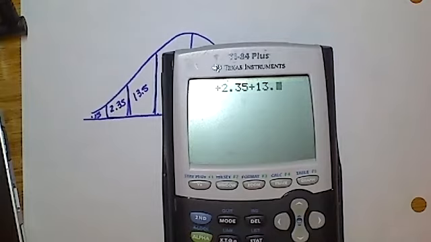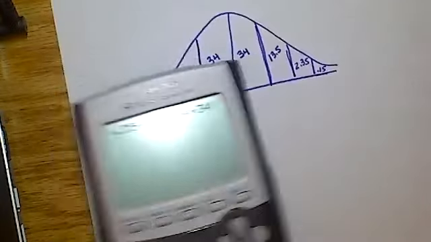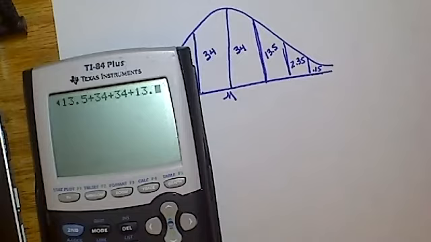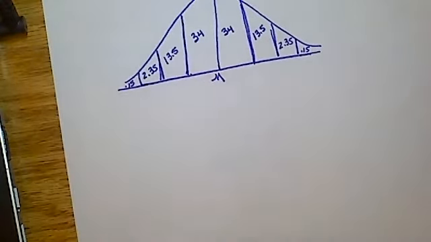Let me go back again. There we go. We got 100. Okay, so we got 100% under the curve. Now we're ready to look at the problem.